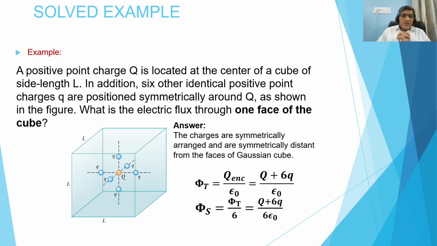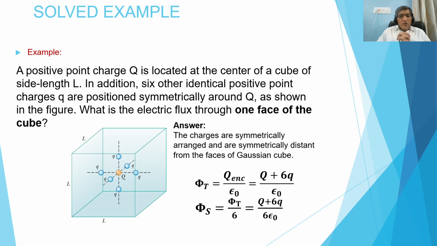So the total charge is capital Q plus 6 small q. We have a plus Q charge at the center, and each face of the cube has an individual small q charge. So total charge enclosed is equal to capital Q plus 6q.